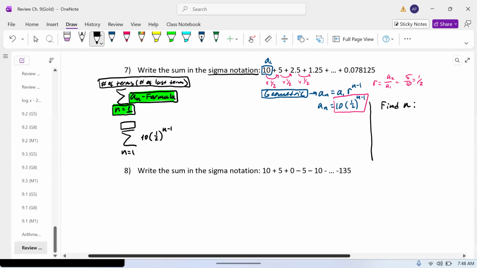Well, to find n, we're using the a sub n formula. We've done this a couple of times before. Now we already know a lot of things here. We know that a sub n is 0.078125, and then it's equal to 10 times 1/2 to the power n minus 1.